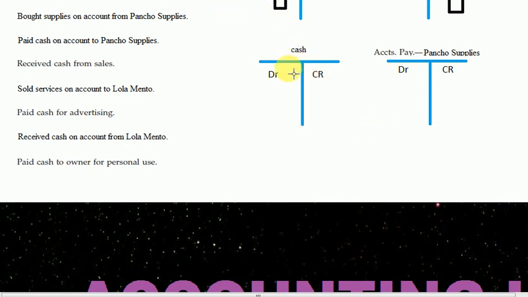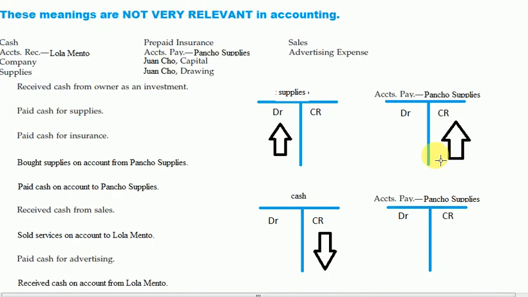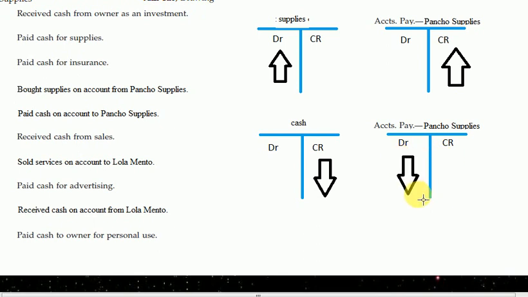And if cash is not increasing, then it's decreasing, right? And your liability, when you pay your liability, what happened to it? When you pay, your debt decreases. So if the increasing side of liability is credit, then the decreasing side will be debit. It is fairly easy to understand. Again, we have one credit, one debit. They're always opposite from each other.